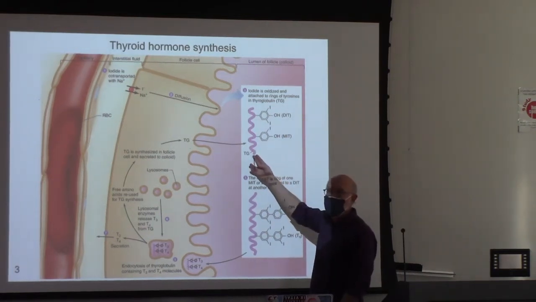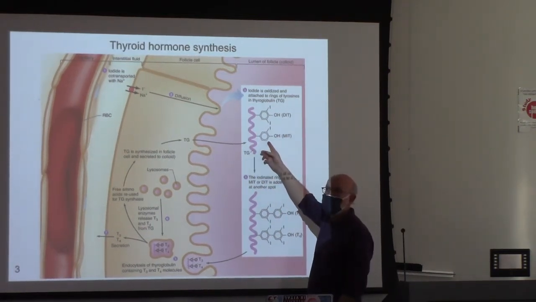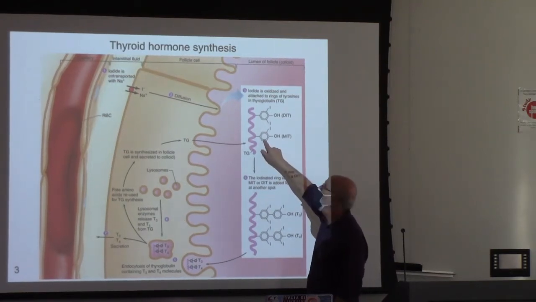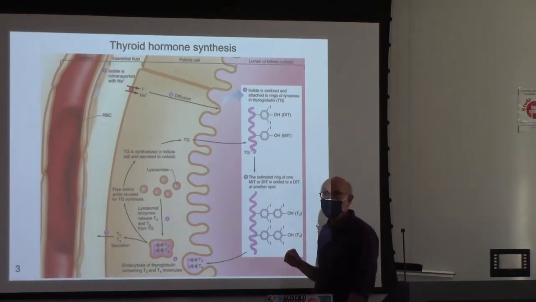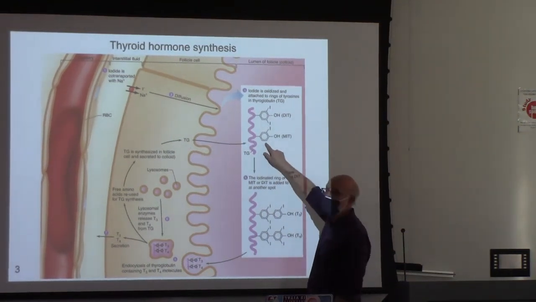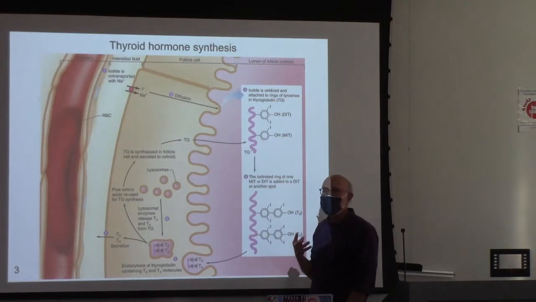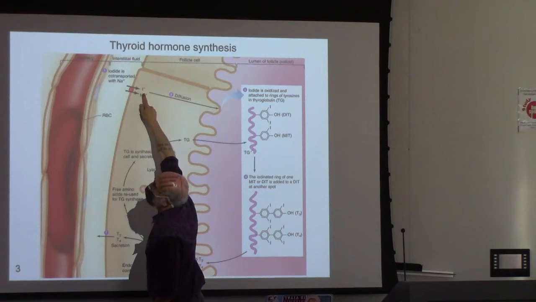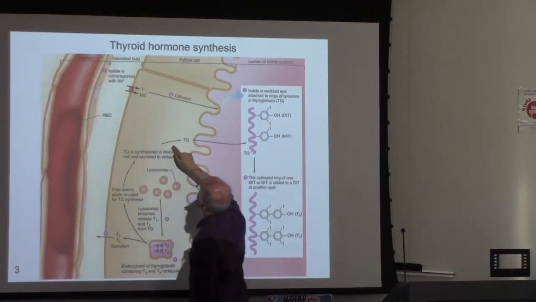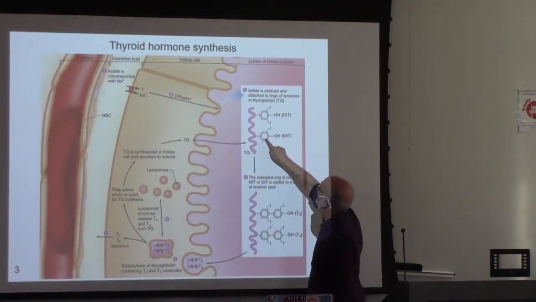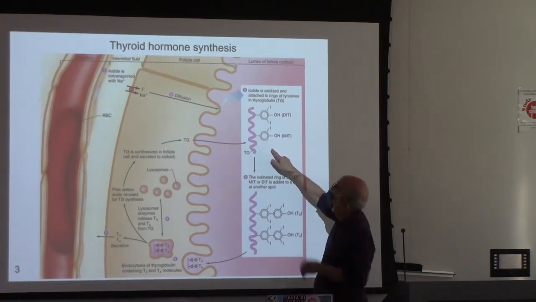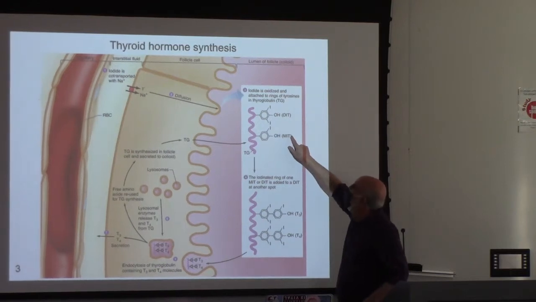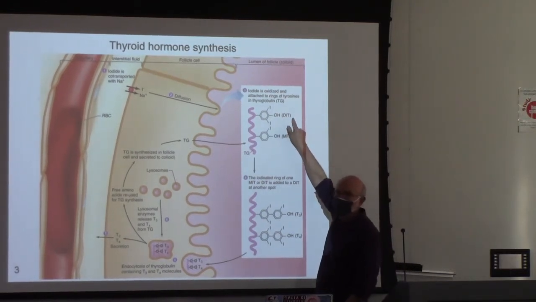Thyroglobulin is a protein. Some of the amino acids of thyroglobulin are tyrosine. So there's the tyrosine side chain of thyroglobulin. And there are enzymes, iodotransferases, that put the iodine that was pumped into the cell onto the tyrosine and make monoiodotyrosine or diiodotyrosine.